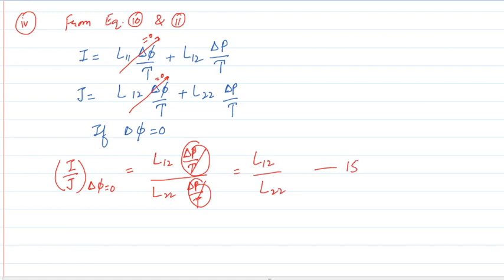So this is equation 15. That means we can simply define the streaming current.